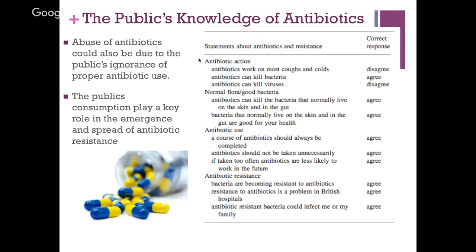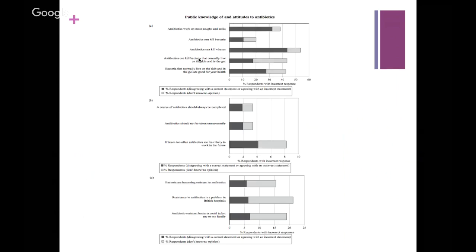There was this study in which 1,800 adults were interviewed each month in England, Wales, and Scotland, and they were given statements and asked whether they disagreed or agreed. On this table right here are the correct answers. If you want to pause it and read through that. And then on this next page are the results of the questions.